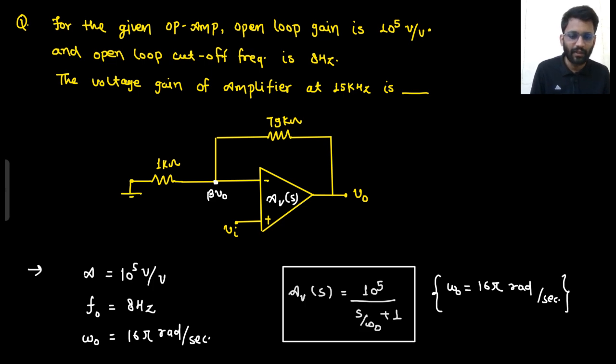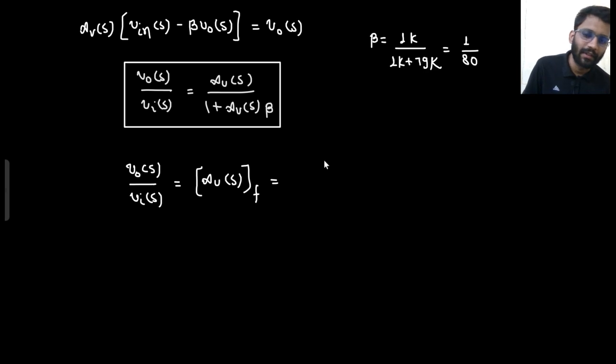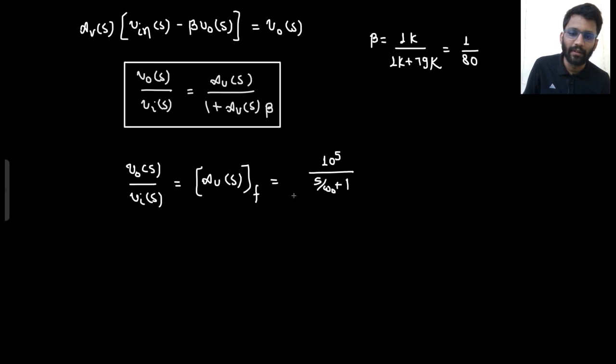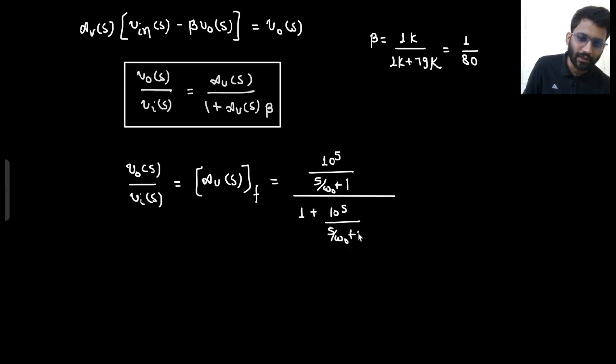That is 10 to the power 5 divided by S by omega naught plus 1, then whole divided by 1 plus A_V beta, that is 1 plus 10 to the power 5 divided by S by omega naught plus 1, into 1 by 80.